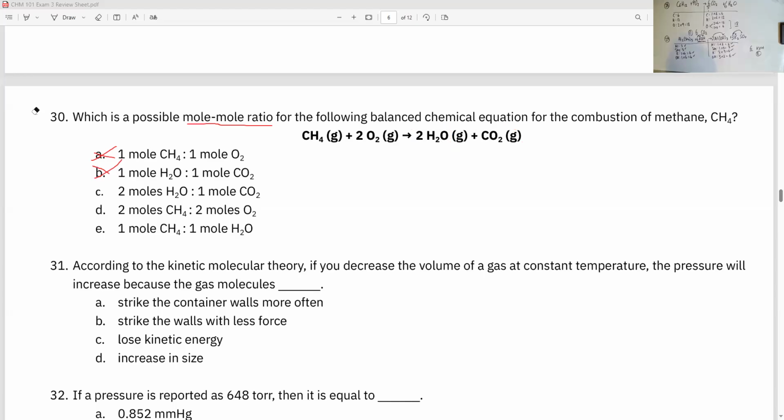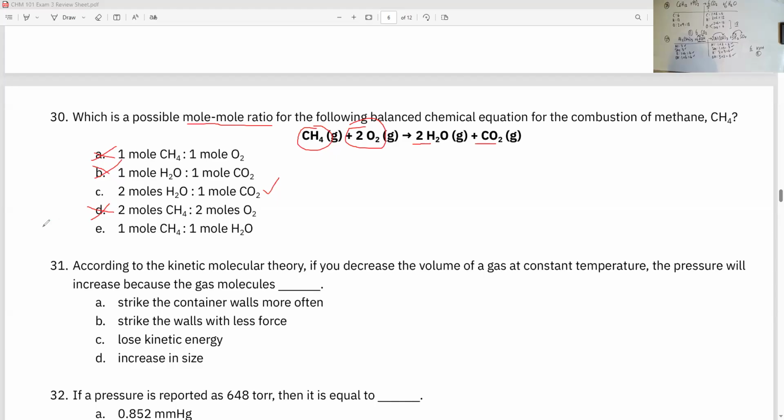All right, let's look at our next one. This one's asking us to look at, oh, it's still moles of H2O, moles of CO2. So this one looks better. So part C says 2 moles of H2O for every 1 mole of CO2. That one looks good. Choice D says 2 moles of CH4 for every 2 moles of O2.